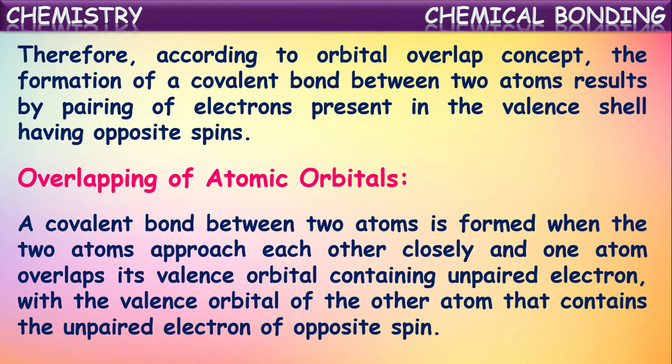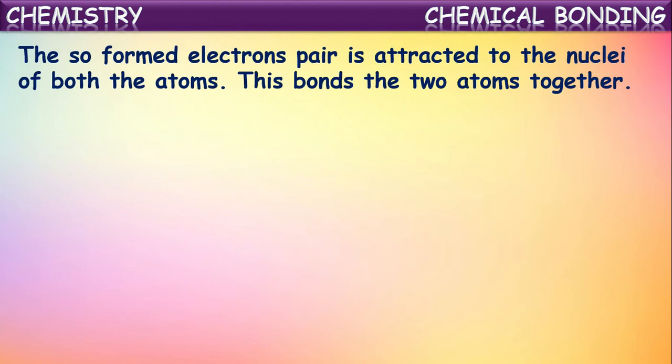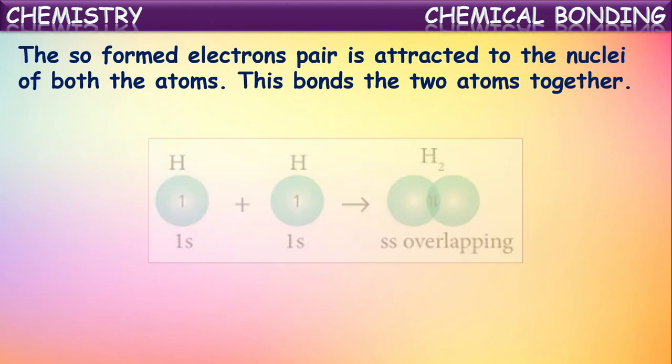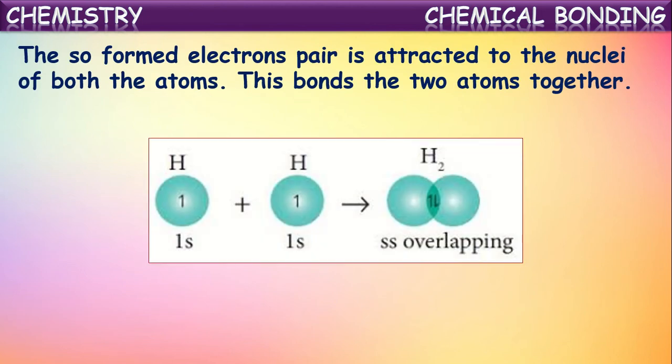That merging of those two atomic orbitals is called overlapping of atomic orbitals. The so formed electron pair is attracted to the nuclei of both the atoms. This bonds the two atoms together.